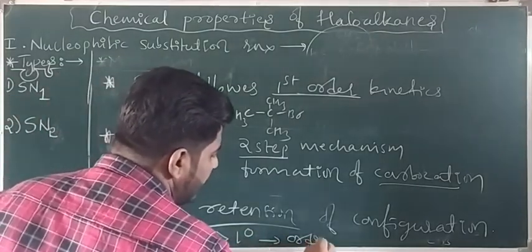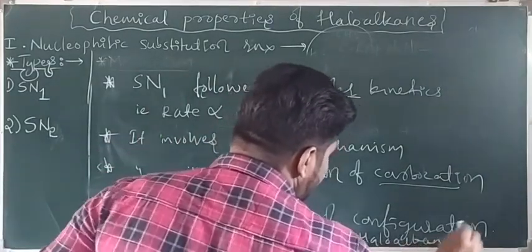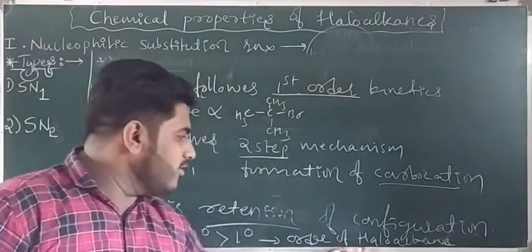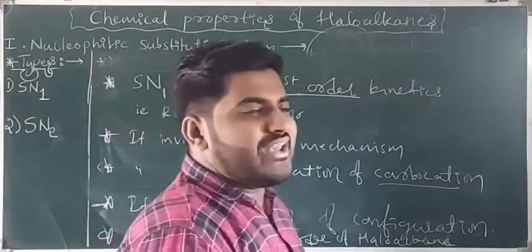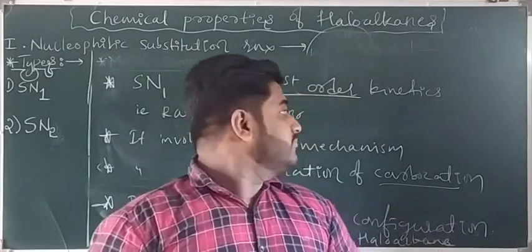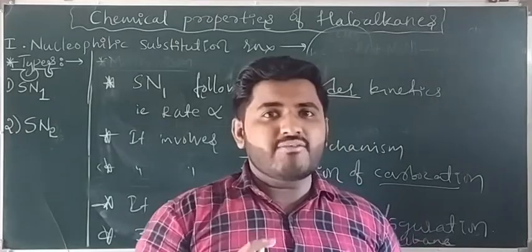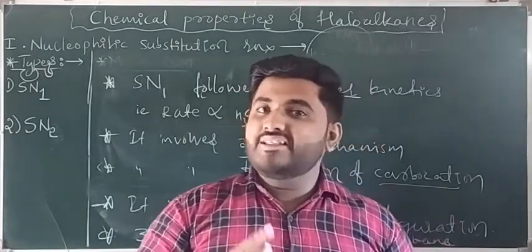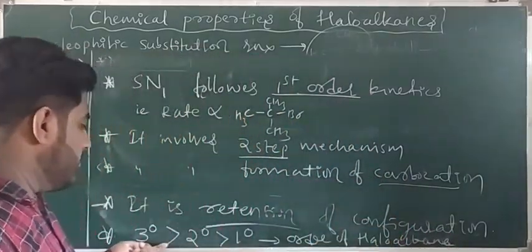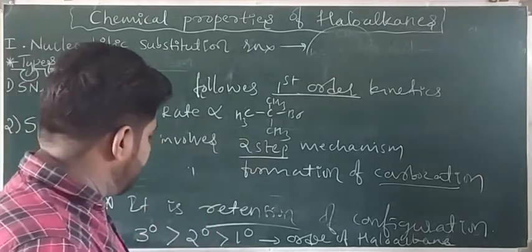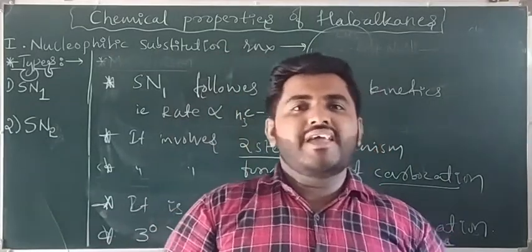Because in the mechanism, the carbocation that forms is stable in the order tertiary, then secondary, then primary. Therefore tertiary comes first. If a tertiary haloalkane is there, it easily undergoes SN1, then secondary, then primary. So these are the points to remember in SN1 and the mechanism of SN1 reaction.